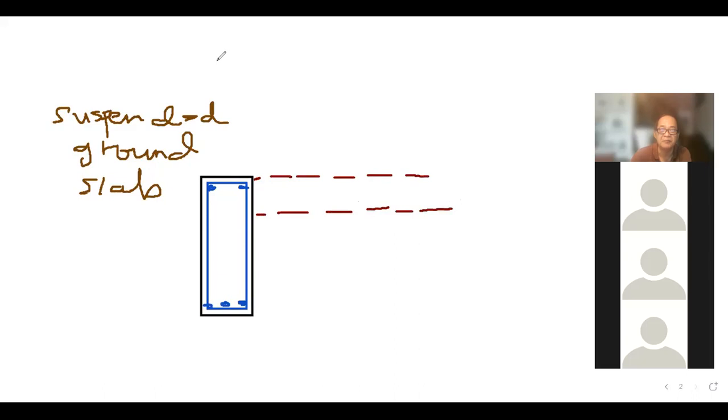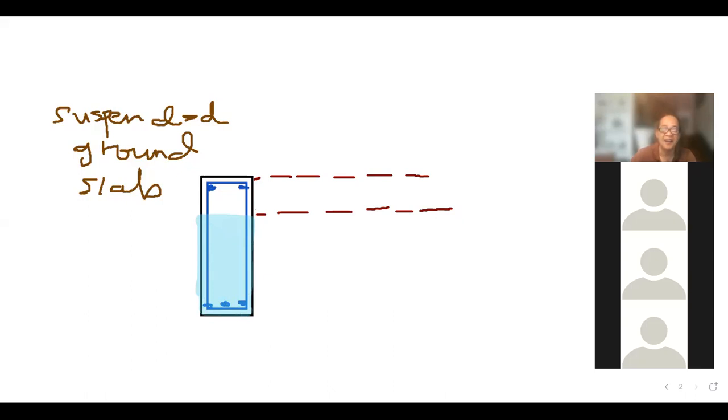So what we do is we will start pouring concrete. Concreting will be carried out only up to the soffit of the ground slab, not the full depth of the beam. Part of the beam will be concreted right up to the level below the ground slab. So we'll do the concreting up to that level first.